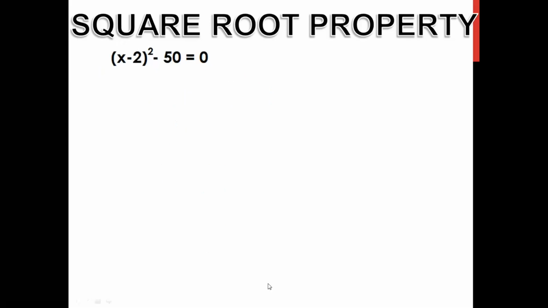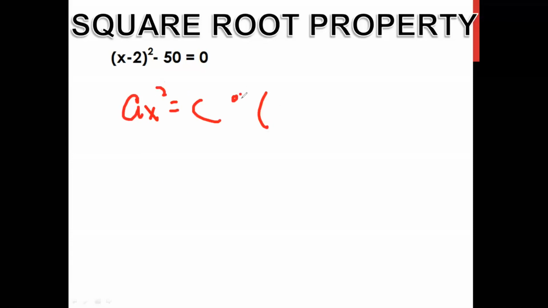Okay, next example, we have (x minus 2) squared minus 50 is equal to 0. So again, let's make our equation ax squared is equal to c, or (ax plus b) squared is equal to c.